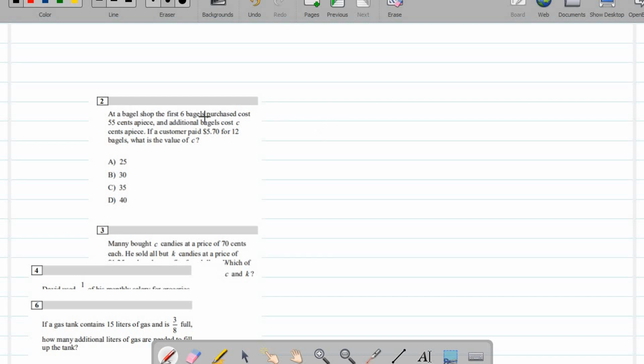The first 6 Bajaj cost 55 cents a piece, so we have 6 times 55, and that will give us $3.3, because it's cents. That's true. So now any additional Bajaj will cost C cents a piece.